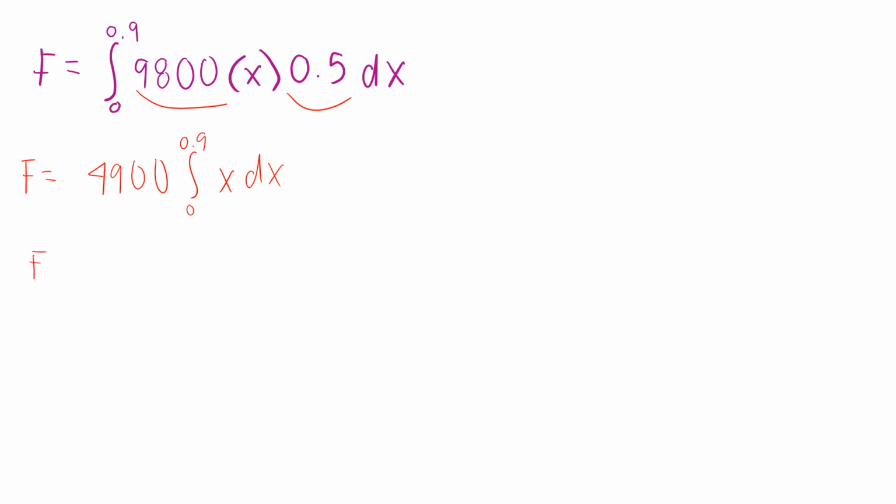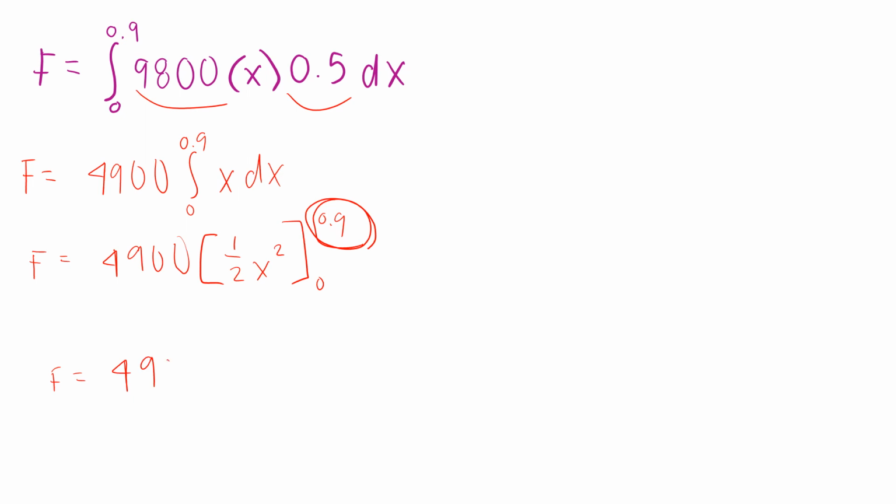The antiderivative of x we know is 1/2 x squared. And we already know that if we put 0 in for x, that will just give us 0. So all we have to do is evaluate for 0.9.